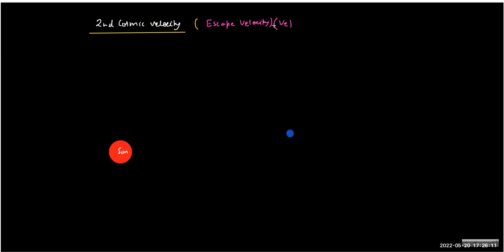And for Earth, the moon is like a satellite. There is something really interesting happening: the moon is orbiting Earth, and this entire thing is orbiting the sun in some circular path.